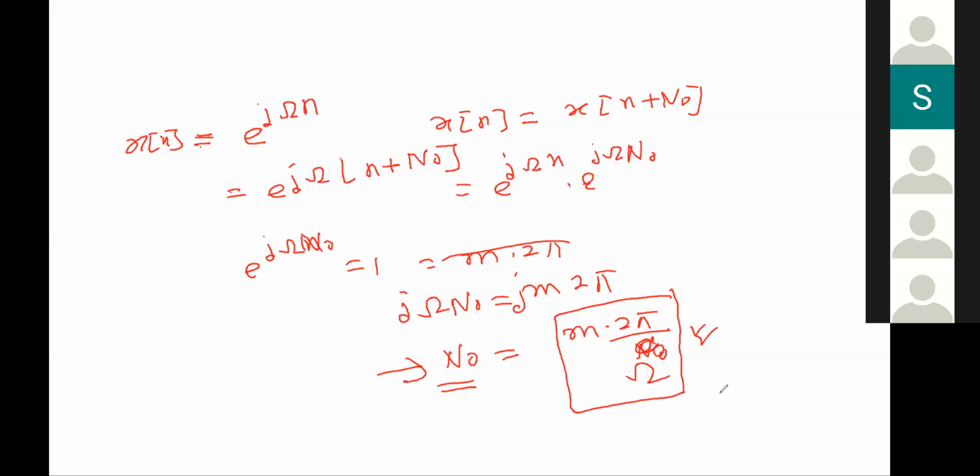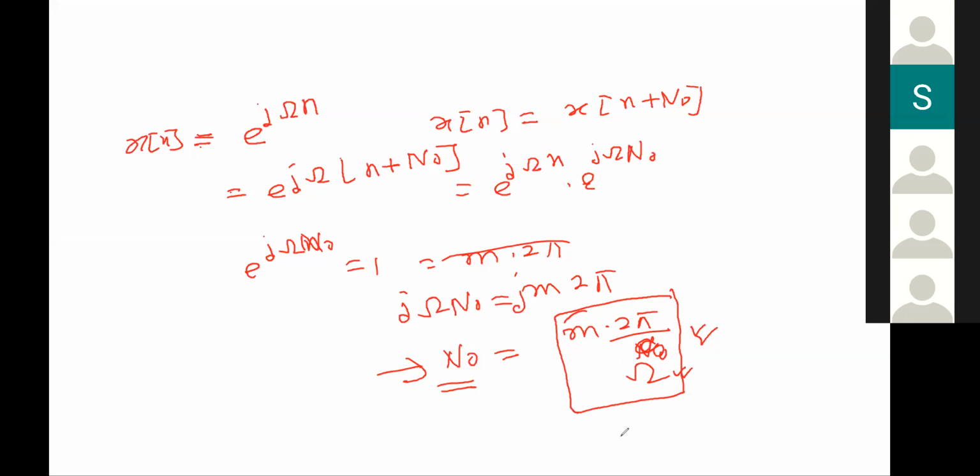This is the condition. For an exponential signal, it is not always that the frequency omega will make the signal periodic. If this condition is not satisfied, then it will not be periodic. If we have a rational number, it can be made an integer by using a multiplier m.